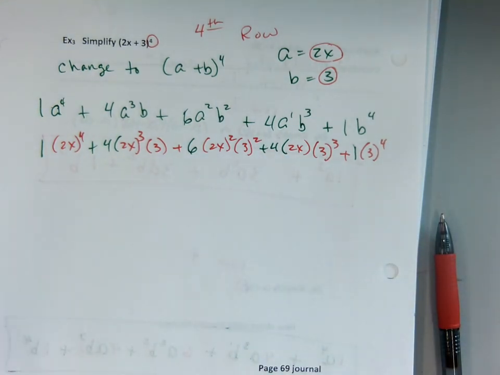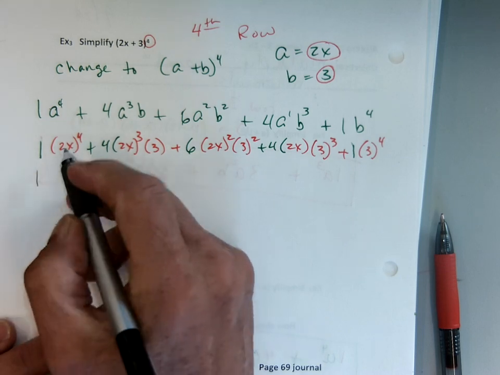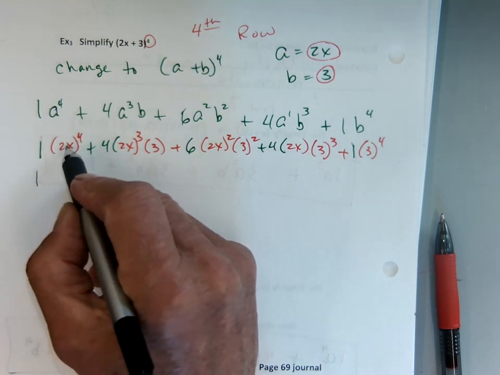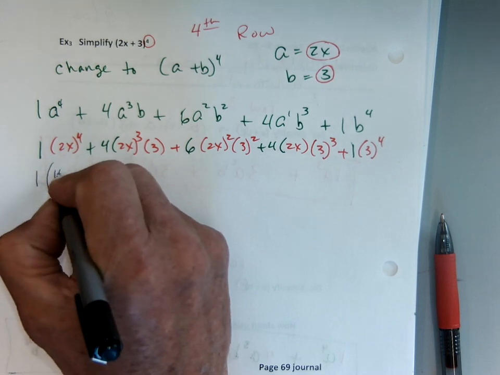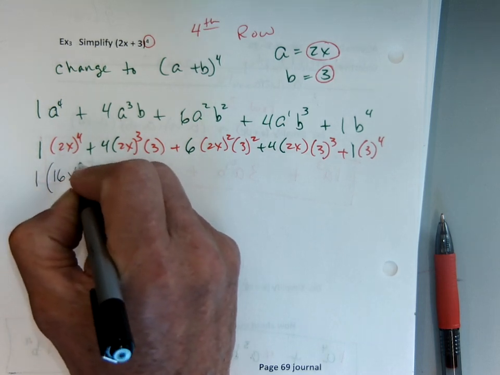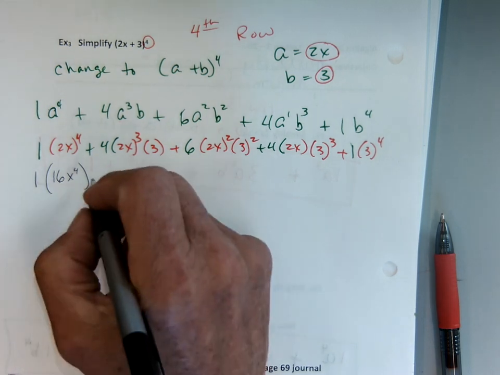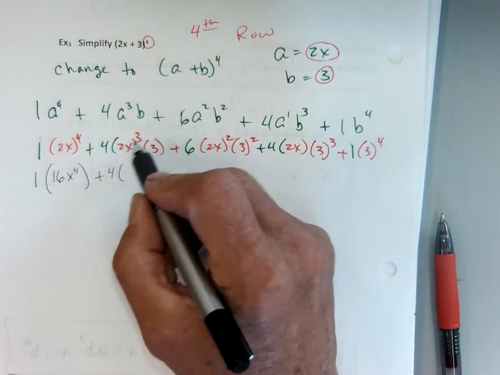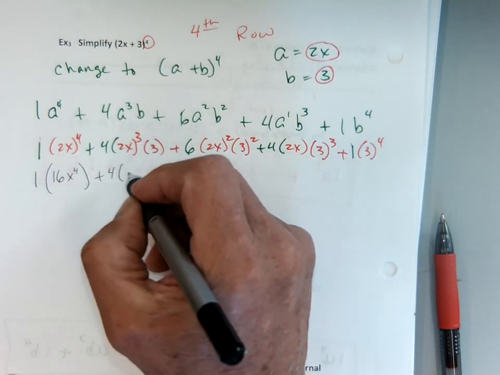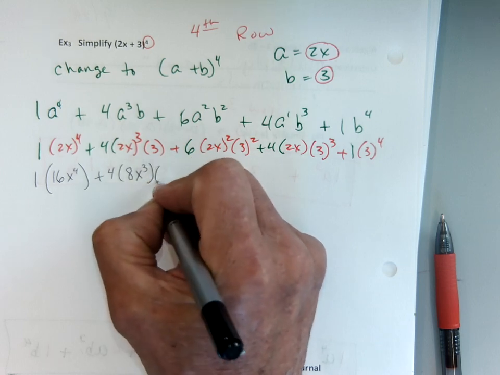So now I'm going to simplify it, okay? You guys ready for me to simplify it? So I get a 1 times 2 to the 4th power. 2 times 2 times 2 times 2 is 16, x to the 4th. You okay with that? Plus 4. 2 to the 3rd power is 2 times 2 times 2, which is 8, x to the 3rd, and then times 3.